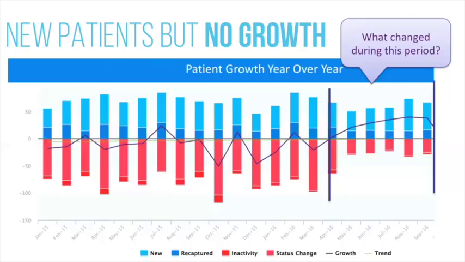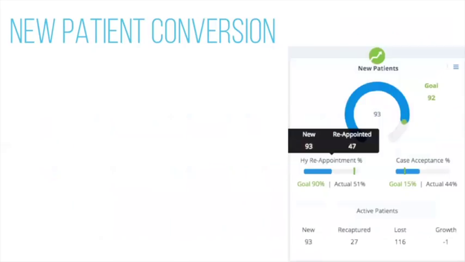So you've got to know where you are with this, and we're always happy to do a no-cost, what they call a snapshot, for you with Dental Intel and take a look at this with you and help you interpret this. But I want to show you a couple things that are pretty sobering. Something else that you can see with Dental Intel is new patient conversion, right? Part of that net growth also depends on how good we are at getting our new patients to come back.